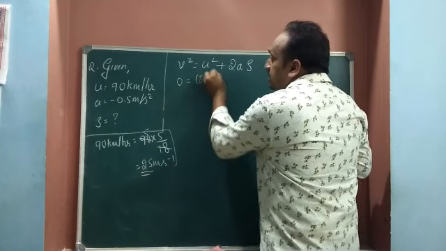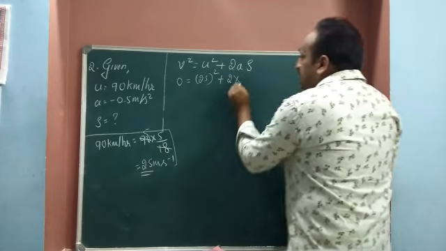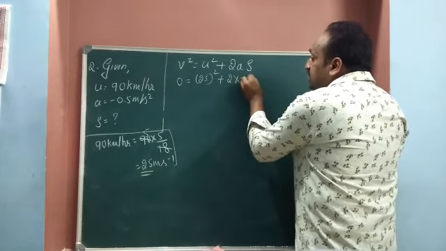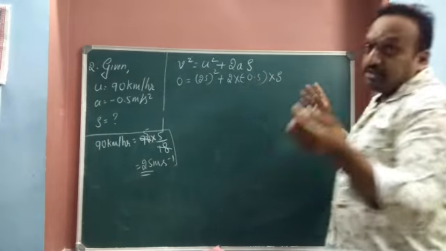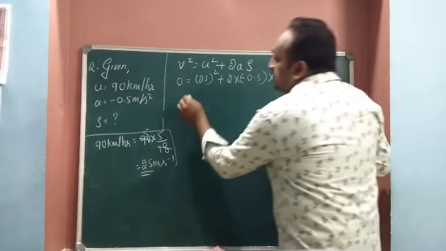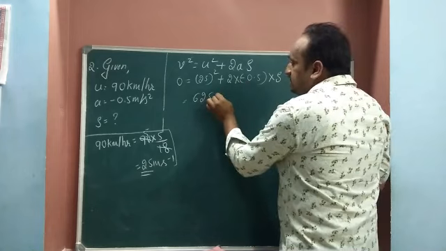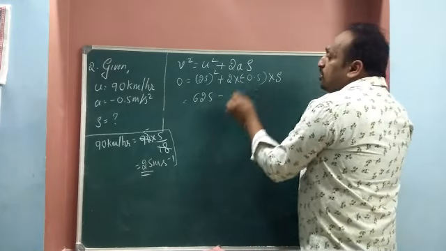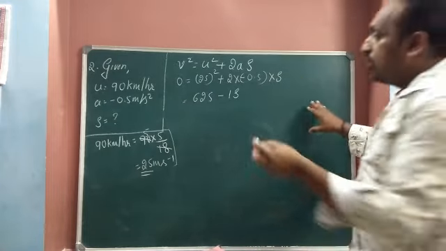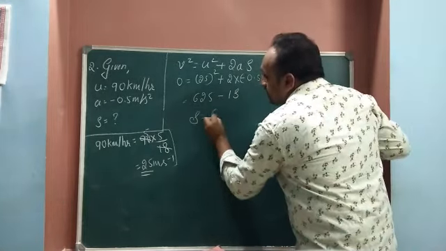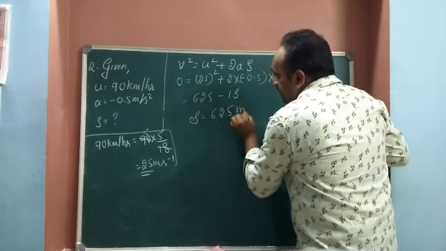So 25 square plus 2 into the a value, minus 0.5, into s, which we don't know. Then see here, 25 square is 625, plus into minus is minus, 2 into 0.5 is 1, so we can simply write it as s. So s is equal to 625 meter.